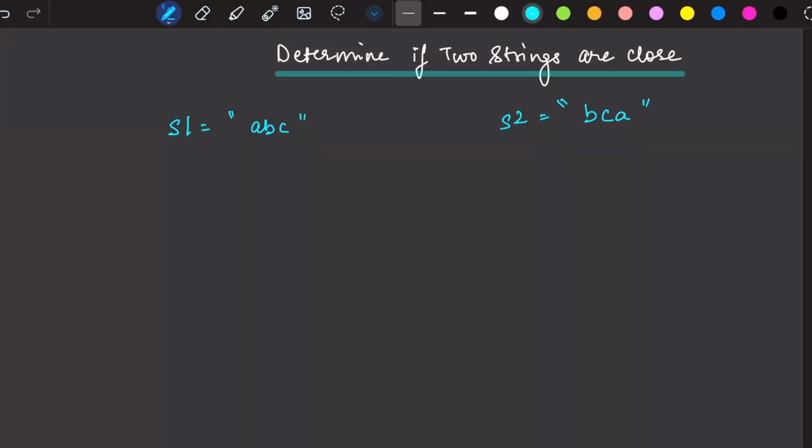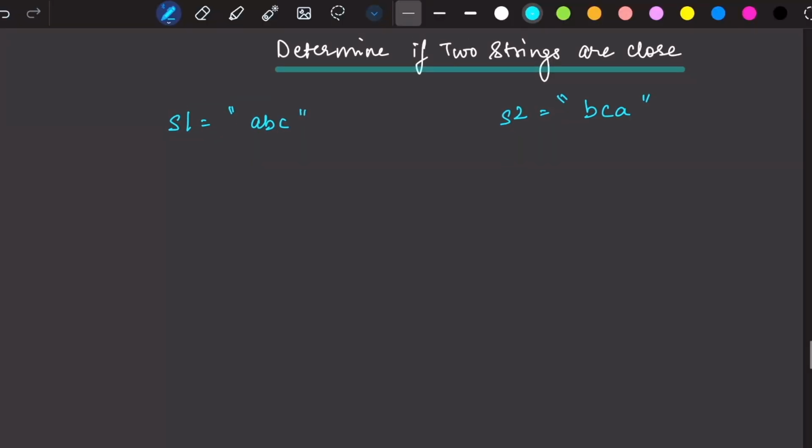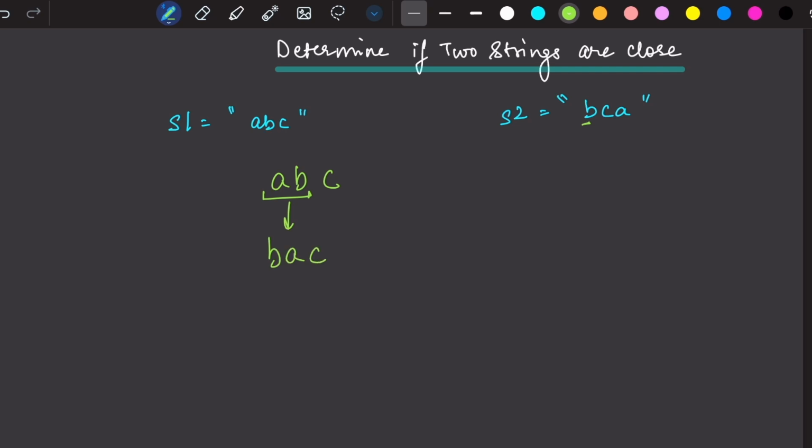We have this string 1 and this string 2, so they are basically true. How? Because we can swap this. Let's do a dry run on this. A B C. We need B first, so we can swap this, that will be B A C. And now if we swap this, it will be B C A, which is equal to this.